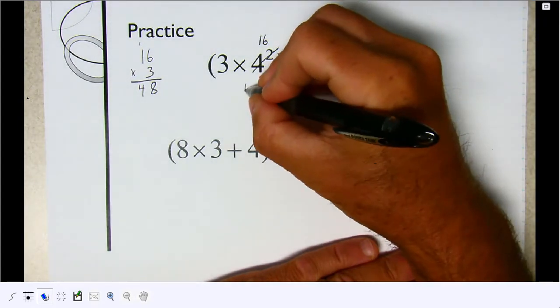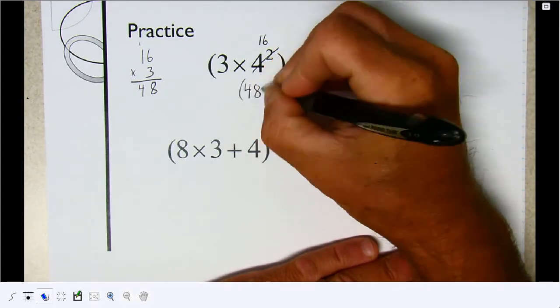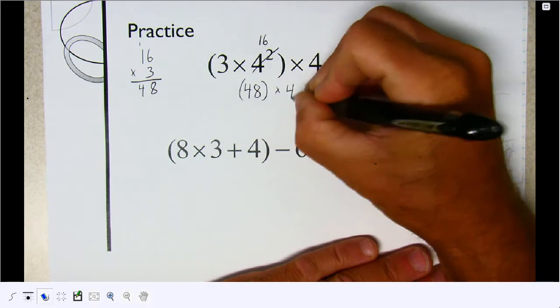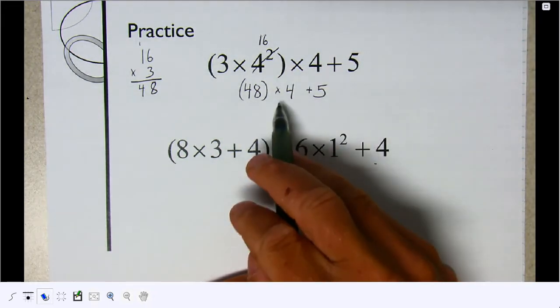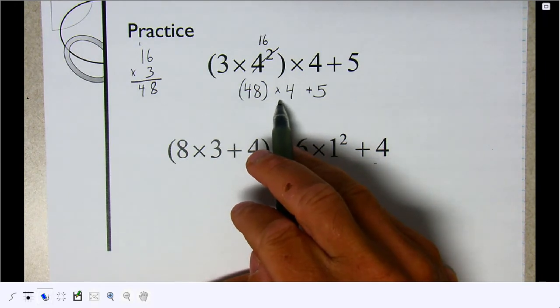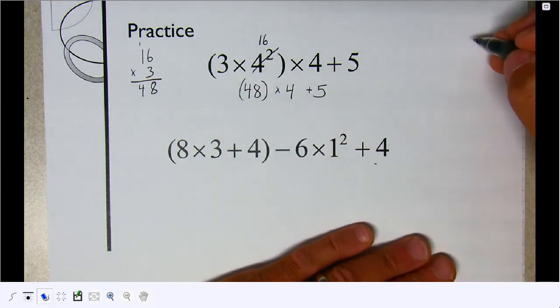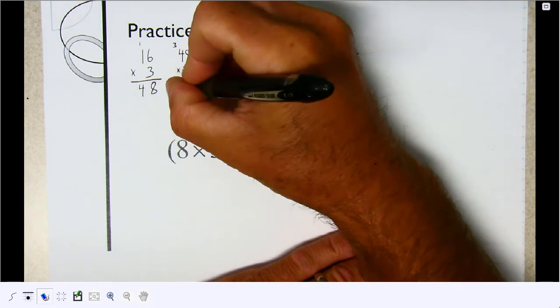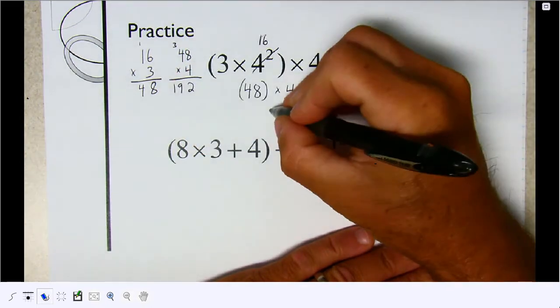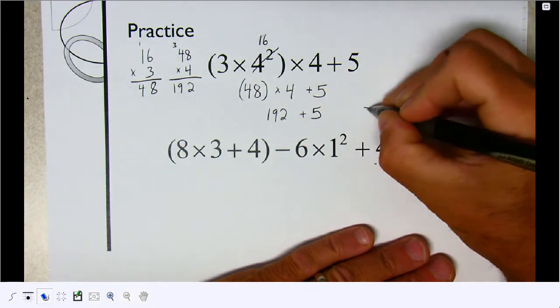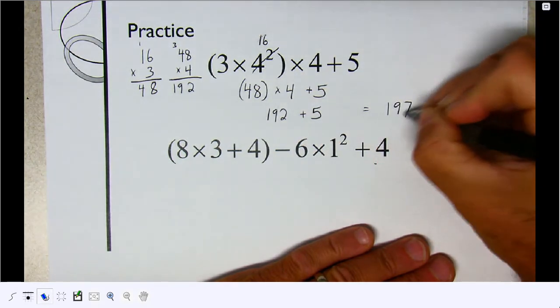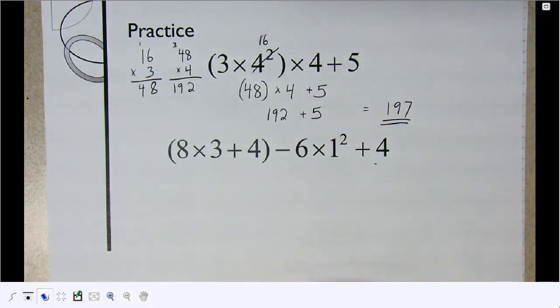So this problem becomes 48 times 4 plus 5. All right, we better do the multiplication next. So 48 times 4, that's going to be 192 plus 5, and the value of this expression is 197. Hopefully you got 197.